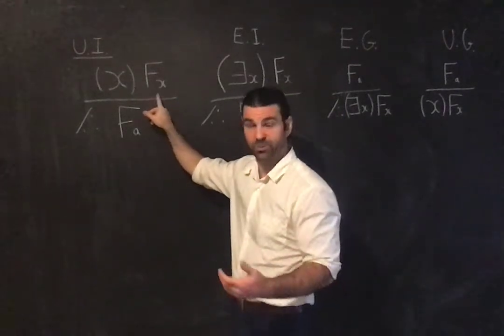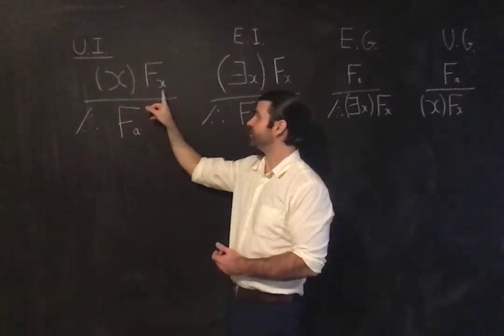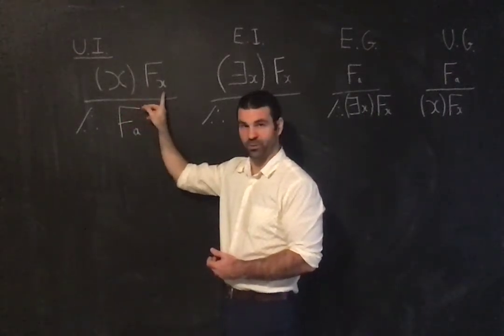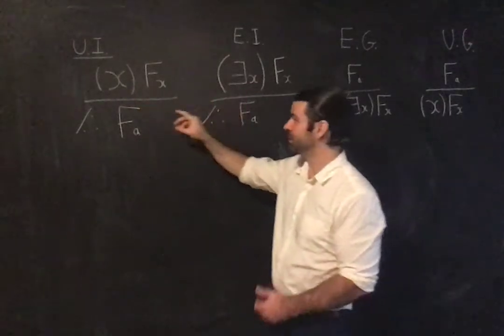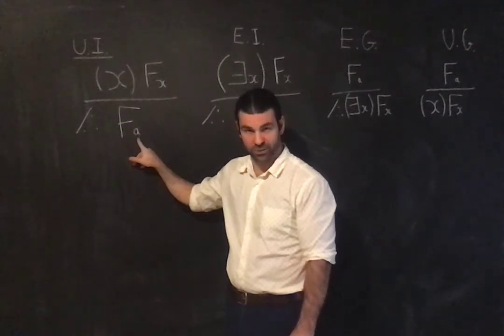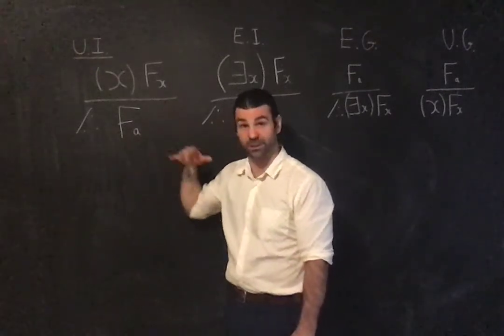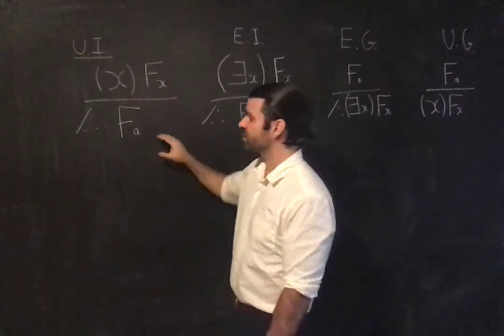Instantiation, as Klenk tells you, you do by deleting the quantifier and replacing the variable that is bound by the quantifier, wherever it occurs, with the same individual constant. Replacing a variable with an individual constant, usually the x becoming an a.